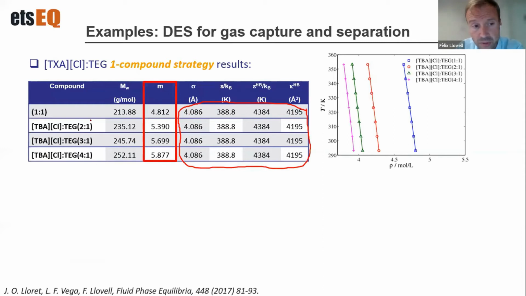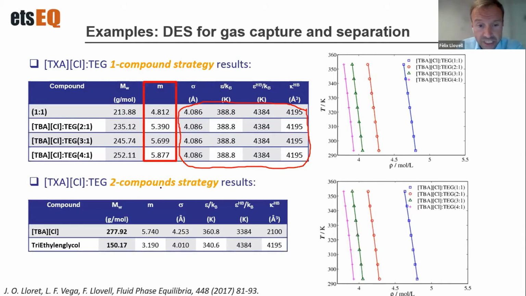All these numbers represent the ratio between the 2 compounds: 2 to 1, 3 to 1, 4 to 1. And here we can see a density-temperature diagram for the 4 systems. Symbols represent experimental data, lines represent SAFT calculations. They are very good, but we have to think that we have just a line here.